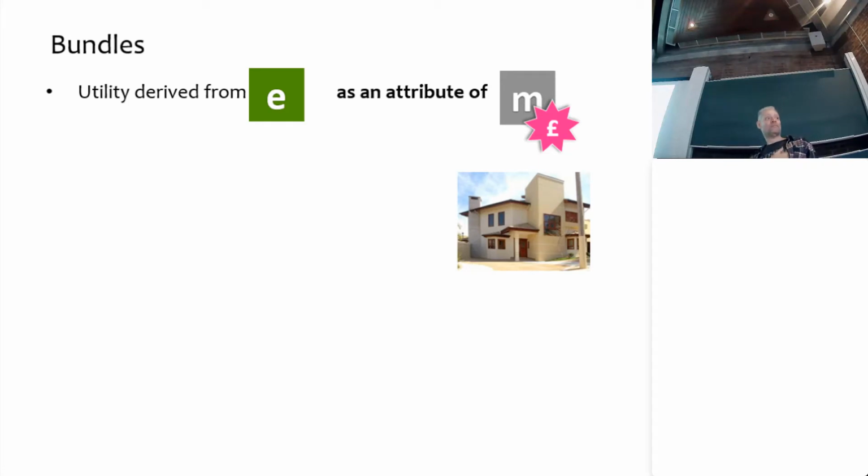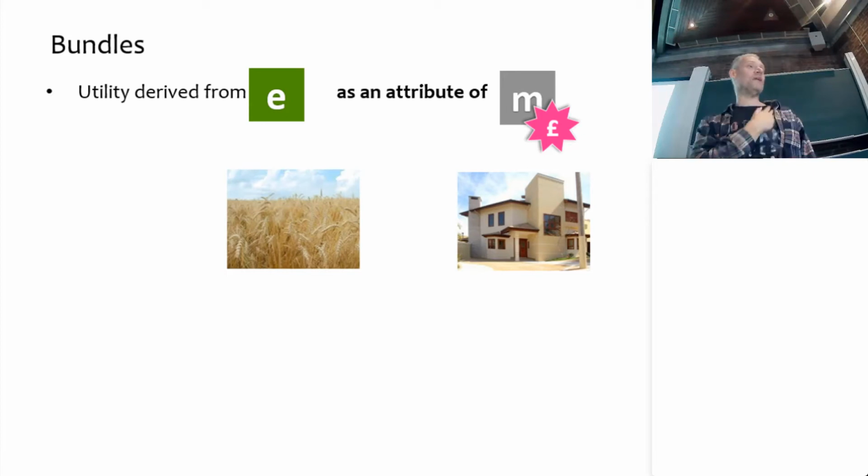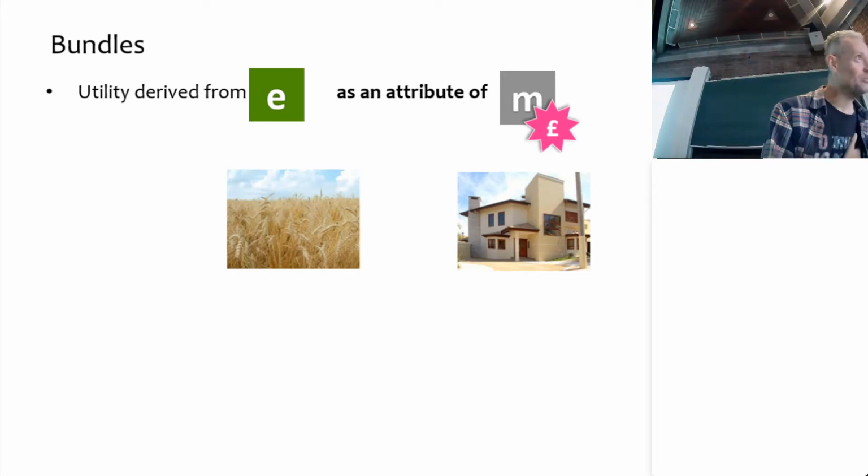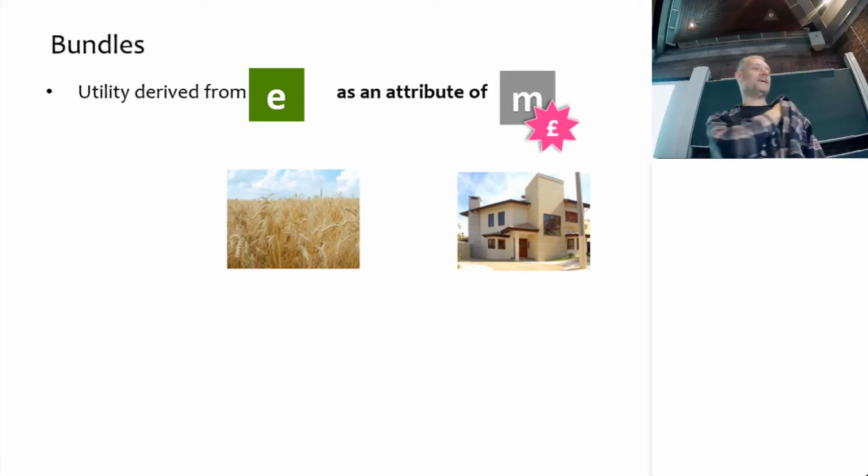The final option is that you purchase things as a bundle. The environment becomes an attribute of things you buy in the market. And I don't know why this picture appeared too soon, but if you buy a house, and this is a very peculiar looking house, I don't know where it is. George put these slides together.